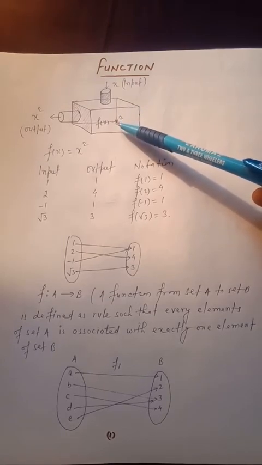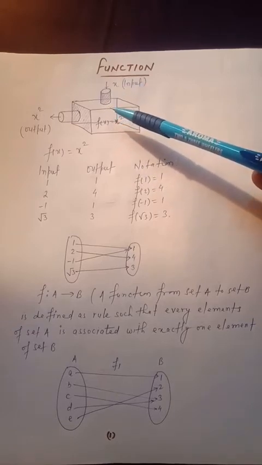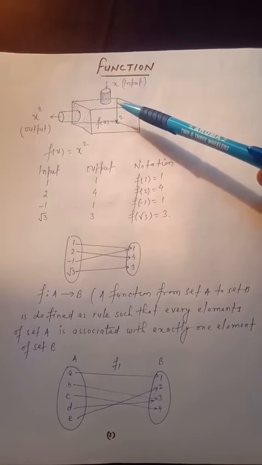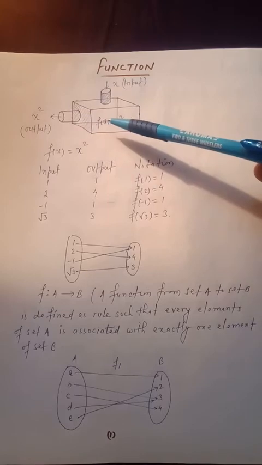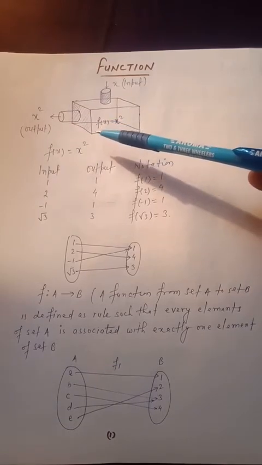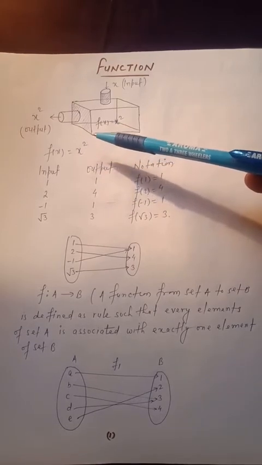Let the mechanism here be x square. It means when we insert a number x into the machine as input, then the machine gives x square as output, and we denote it by f(x) = x square, right?